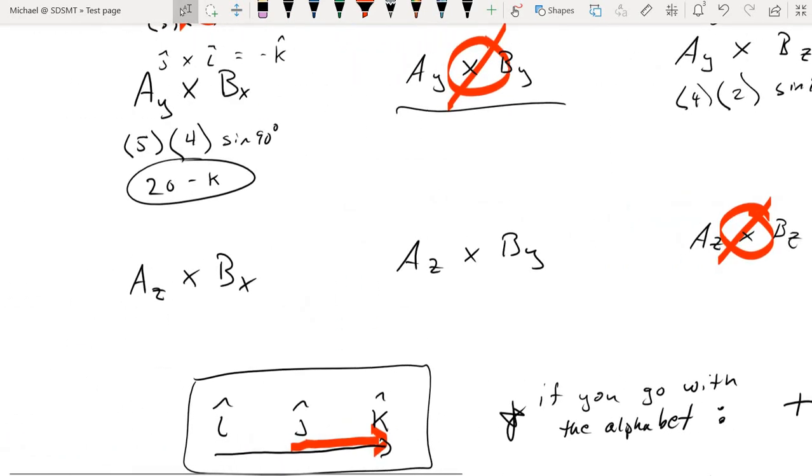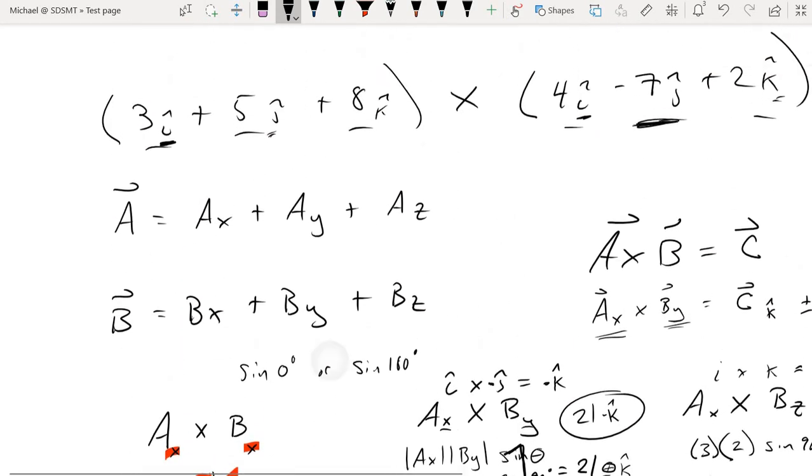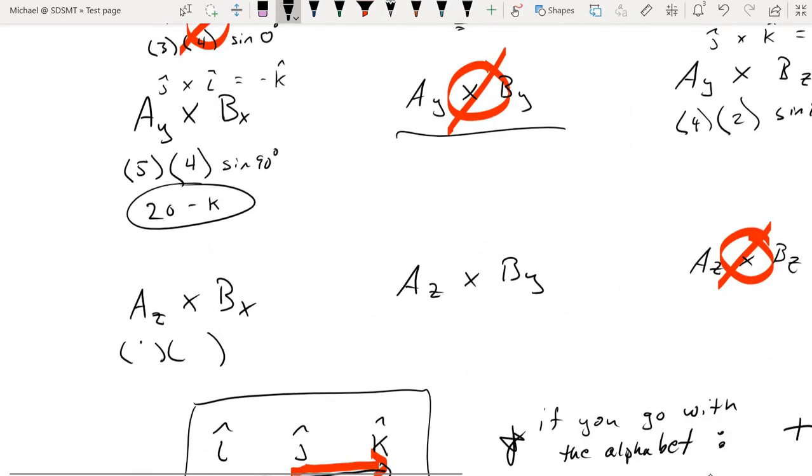And last line of the matrix here, AZ cross BX. So AZ, magnitude 8. BX, magnitude 4. 90 degrees between those components. So we have magnitude 32.